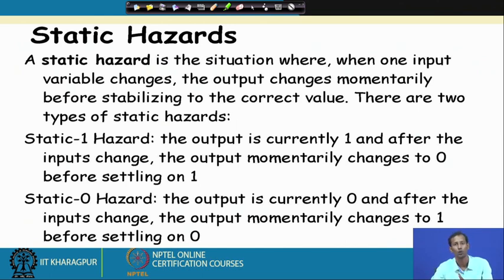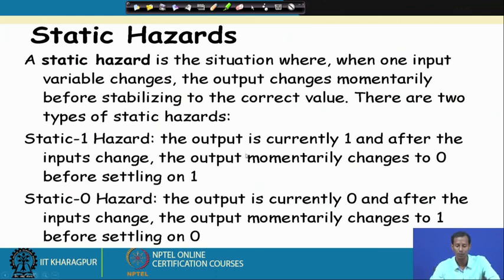But sometimes it does not happen: though the proper correct value is reached, the output does not stabilize to it directly, and gives some unwanted values at some positions.